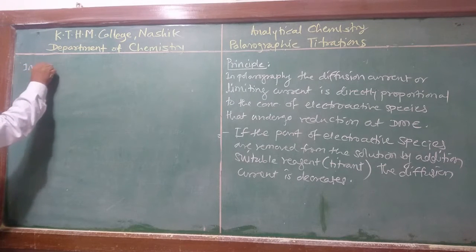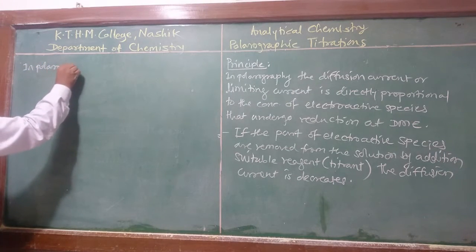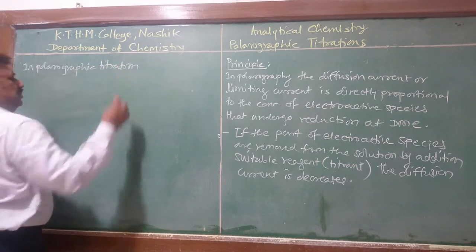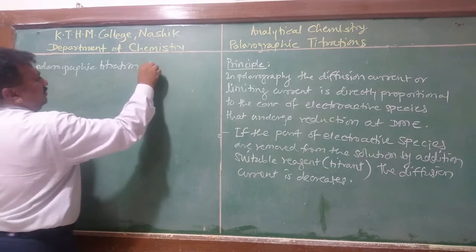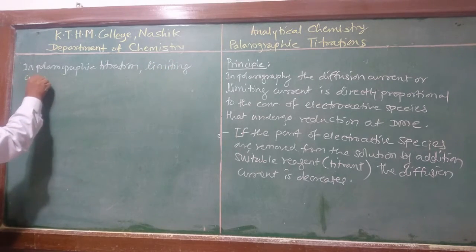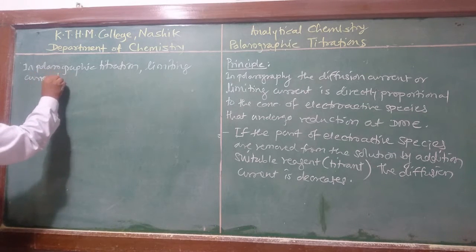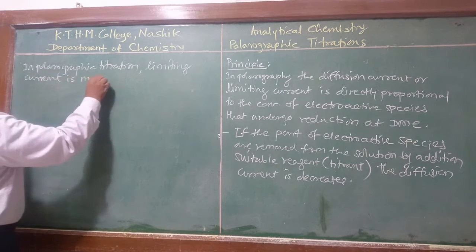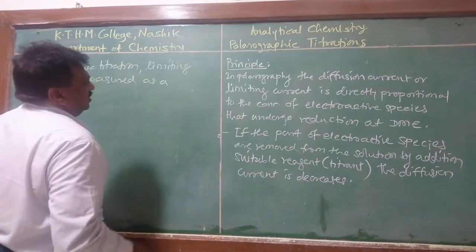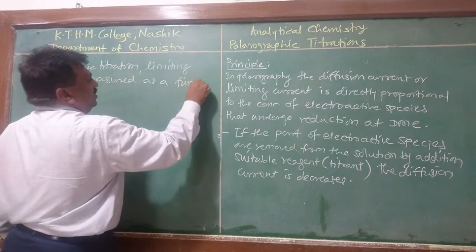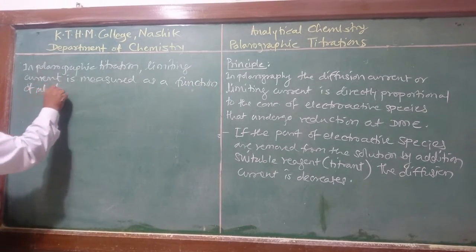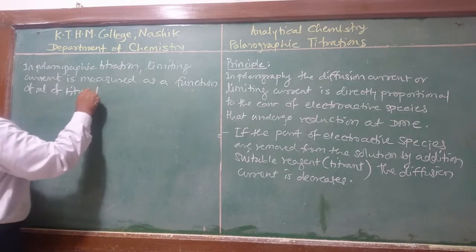In polarographic titration, the limiting current is measured as a function of ml of titrant added.